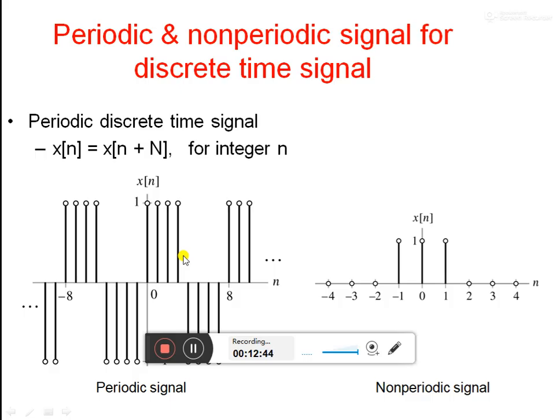Please remember this: if a signal is periodic, we find the fundamental period corresponding to a discrete time signal as equal to the number of samples in one period of time. Now this is an example of a non-periodic signal where you have only 3 samples from -1 to 1, there is no repetition. So these two are examples of periodic and non-periodic signals in the discrete form.